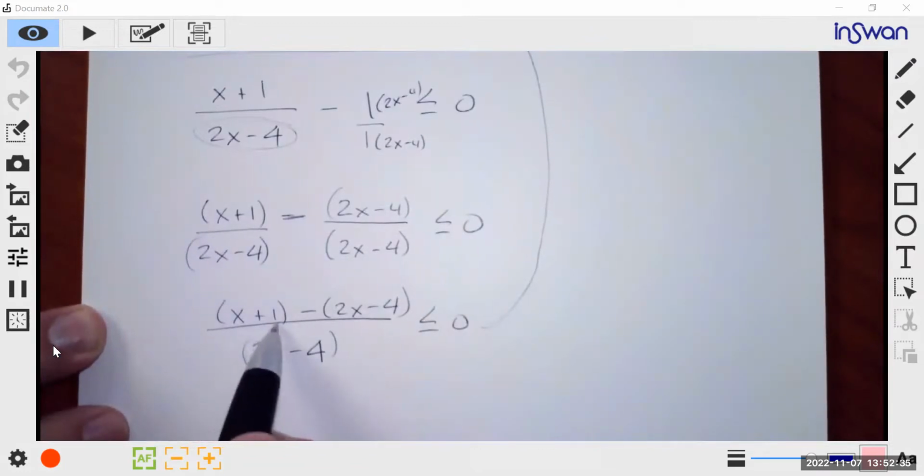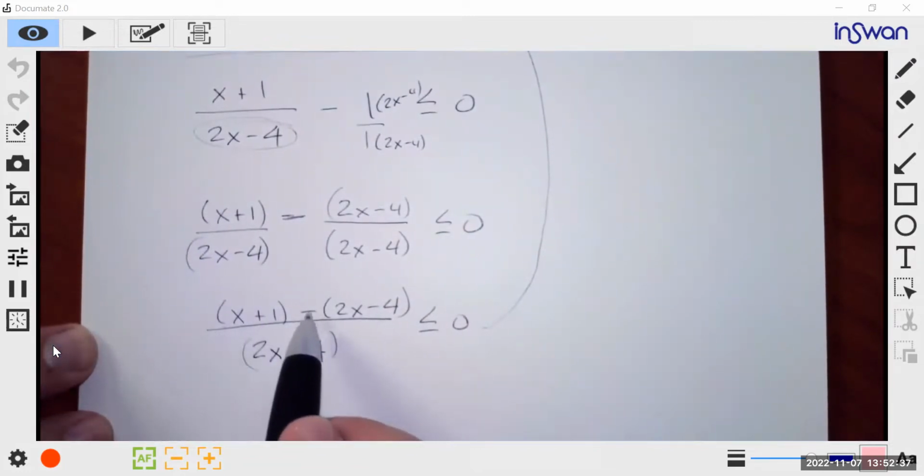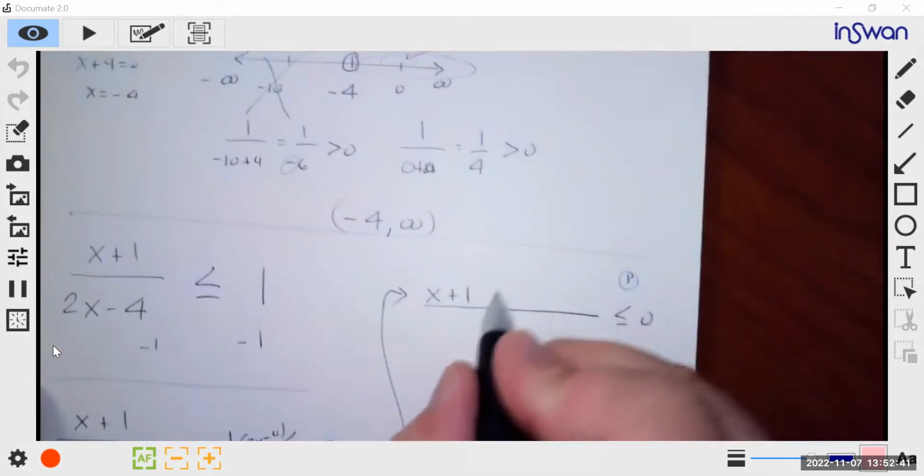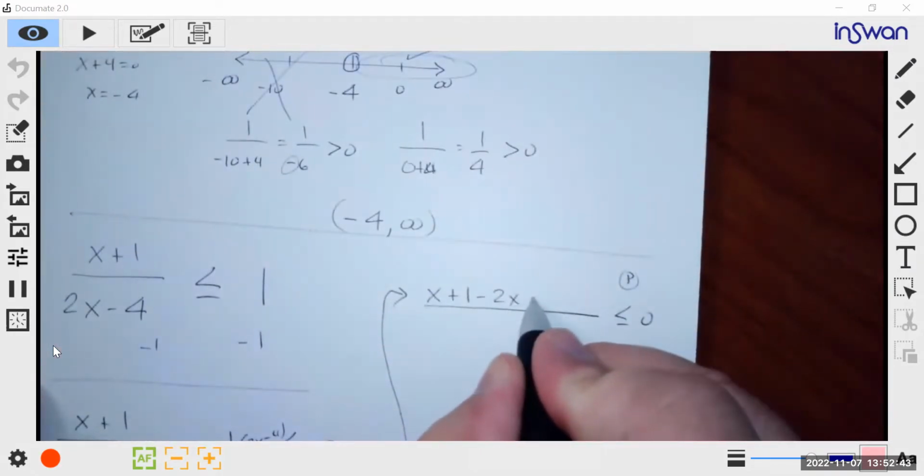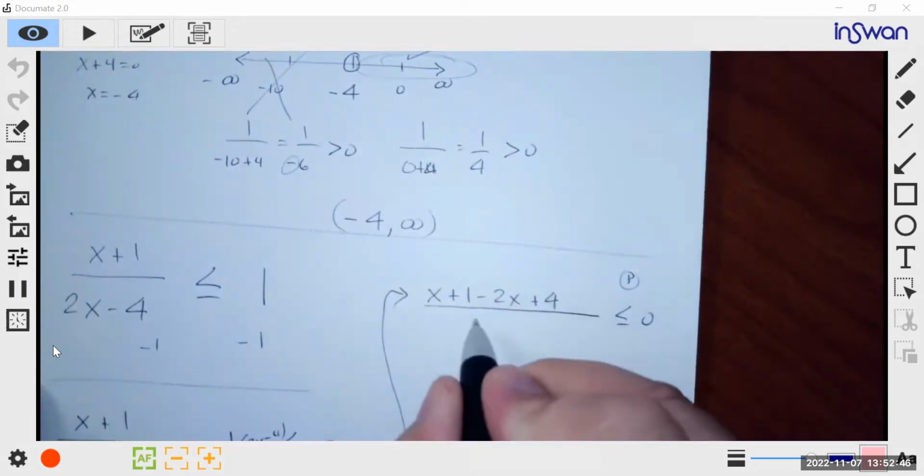This one has no coefficient. This one has a minus sign, so I change the signs of everybody inside, so it becomes minus 2x plus 4.